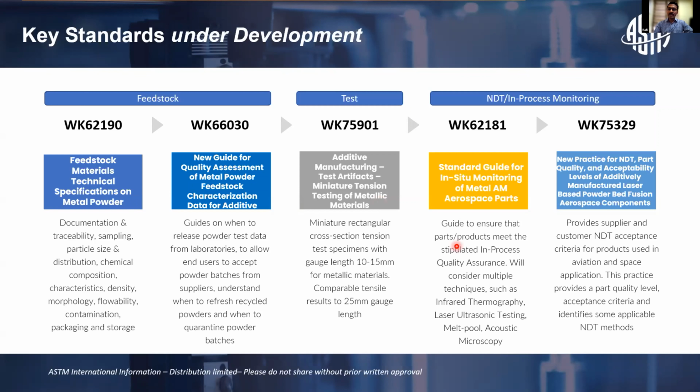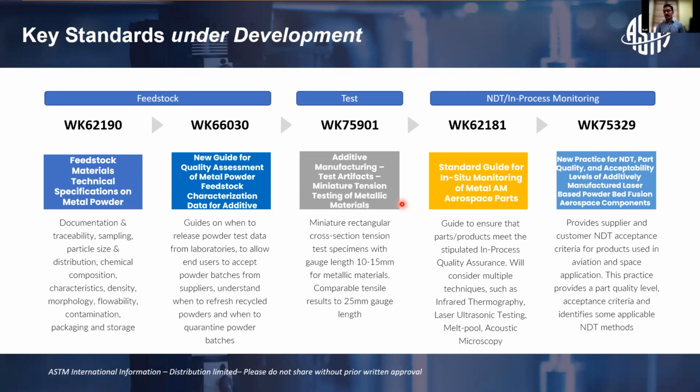Then we have another standard guide for in situ monitoring of metal AM parts in aerospace. In situ monitoring is another important area people are currently working on, because at this point there is no way to have in-process control. Most of the time we produce the part and inspect it. If we find a defect, then we go back and tweak the parameters.